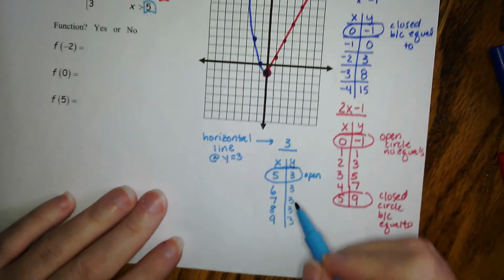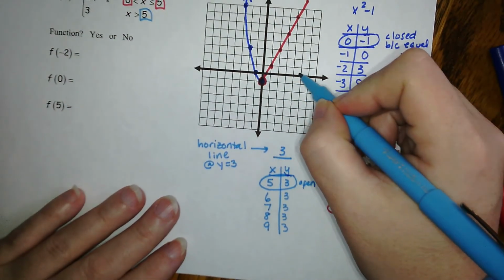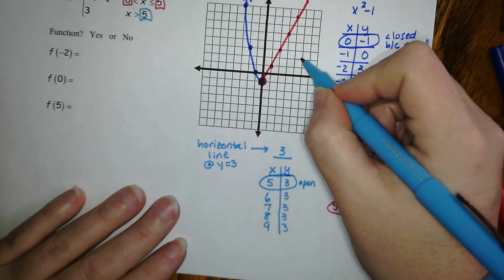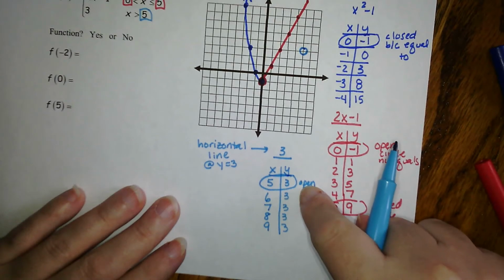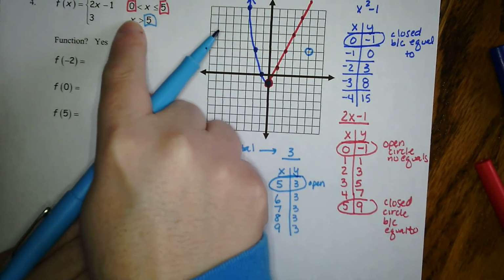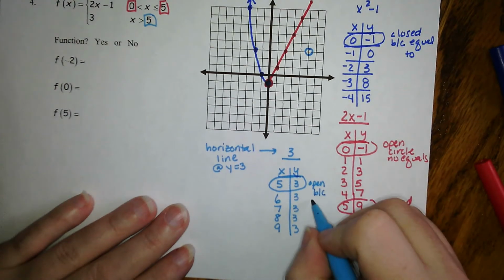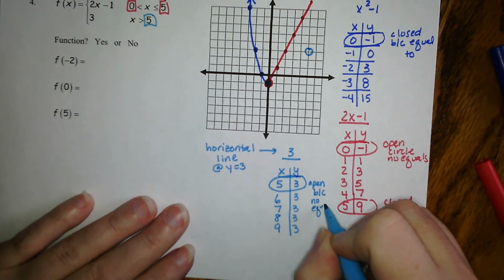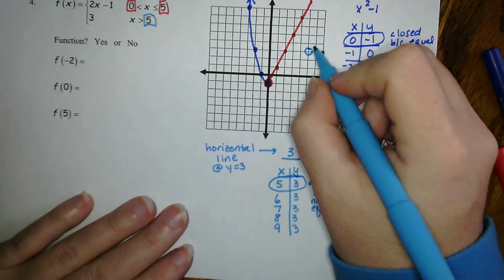Okay, and so we're going to plot this one. We're going to start at 5. 1, 2, 3, 4, 5. We're going to go up to 3, and this is an open circle. Open because this says greater than. Then we need 6, 3, 7, 3.